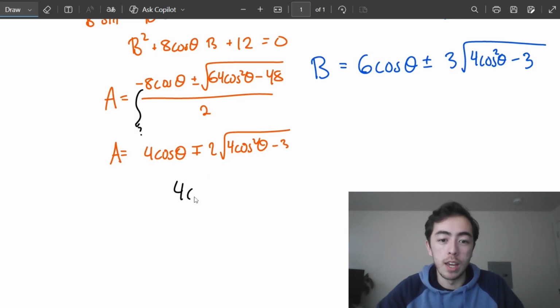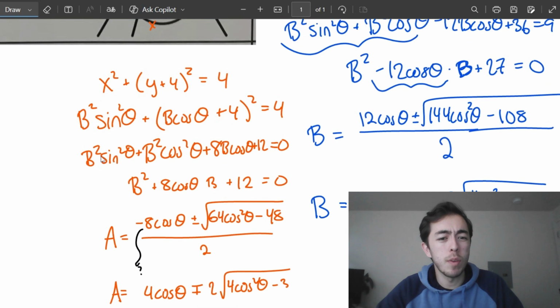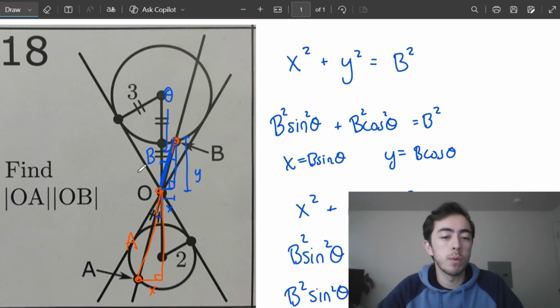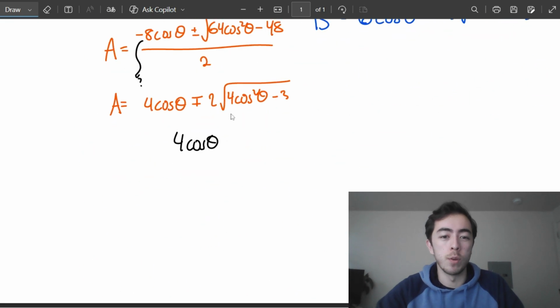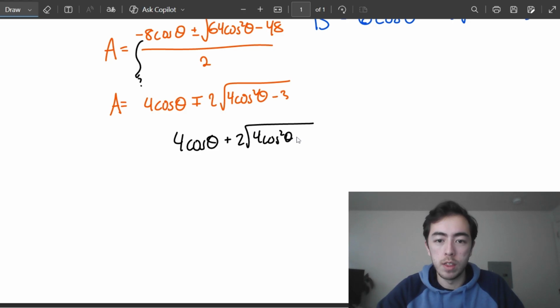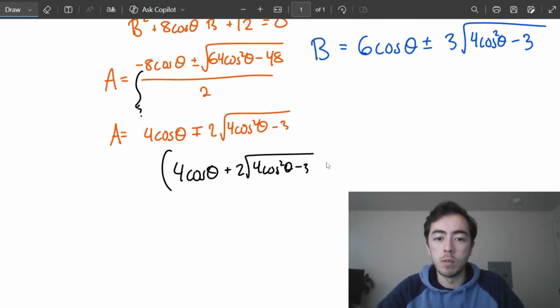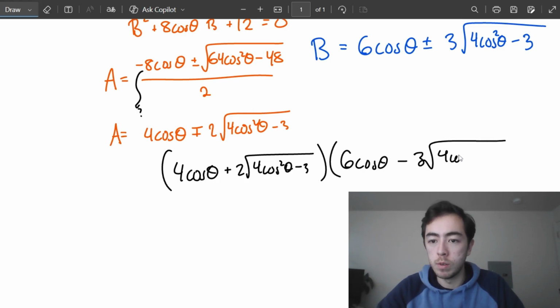Let's just make A the one with a minus. Does that make sense? You know what? Let's make A the one with a plus, just because it is the further one in the diagram. So 4 cosine theta plus 2 root 4 cosine squared theta minus 3. And then we're multiplying this by 6 cosine theta minus 3 root 4 cosine squared theta minus 3.